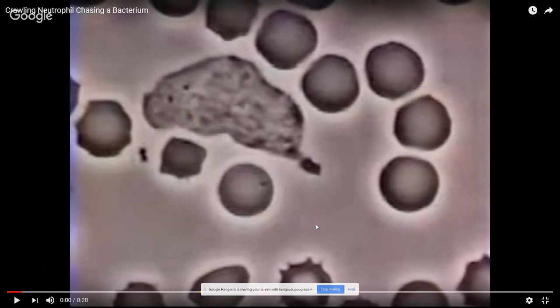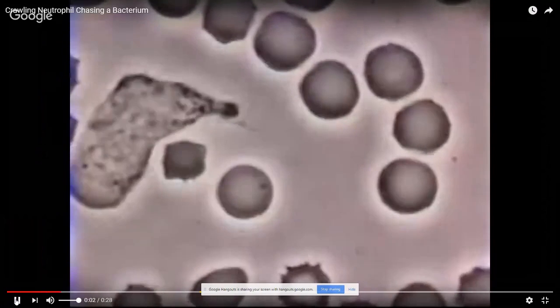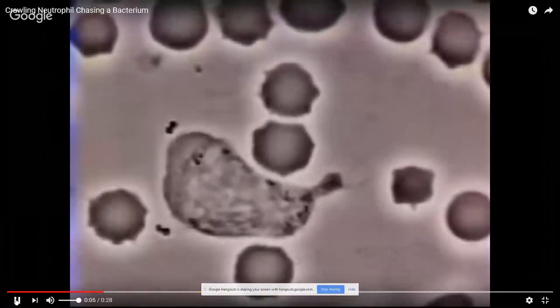And then you're going to see it engulf the bacteria and take it to the inside where intracellular digestion will take place. There's more than one bacteria there.